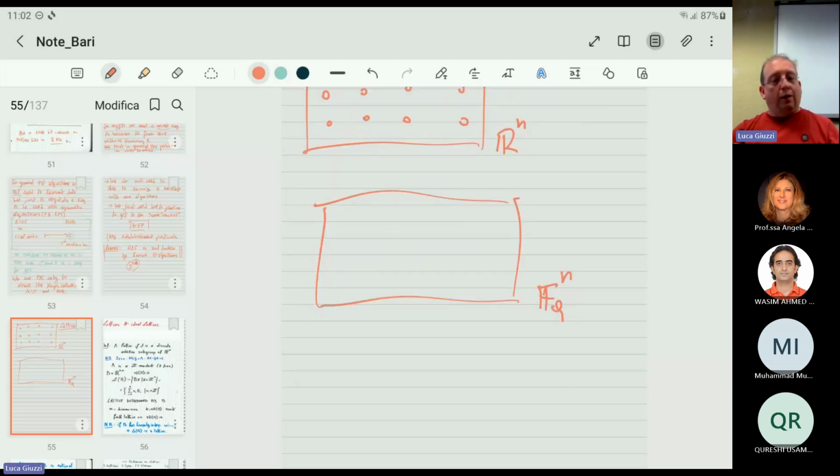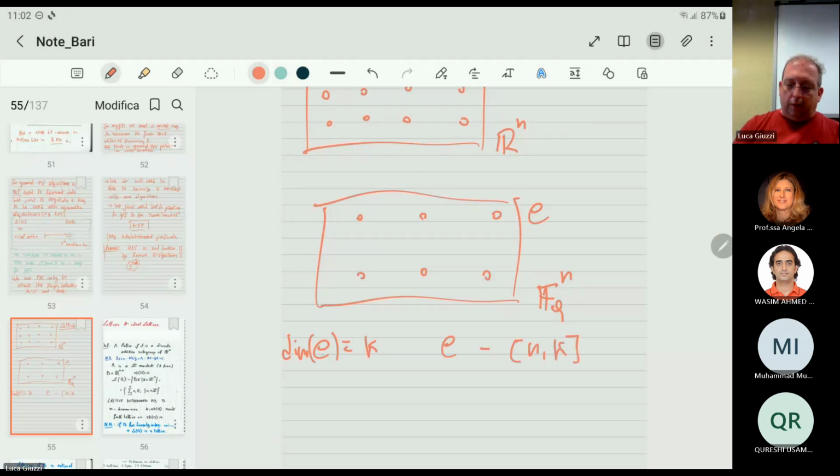Or, in the case of a finite field, we have embedded into F_q to the n some vectors which belong to a vector space C of dimension k, and C is called an [n,k]_q code. The idea is also that all of these points have a certain distance between each other.